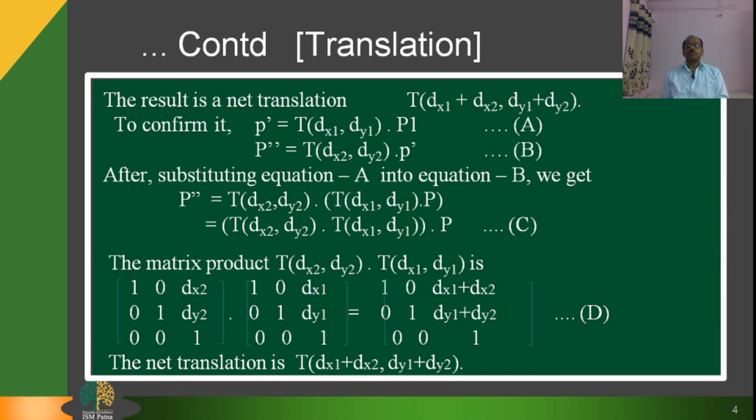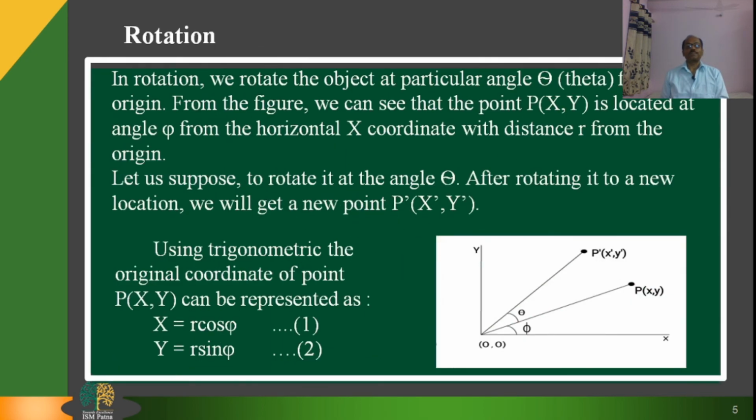Now we move to rotation. In rotation, we rotate the object by a particular angle theta about the origin. From the figure you are seeing that the point P x, y is located at angle phi from the horizontal x axis, at distance r from the origin. Let us suppose we rotate it by the angle theta.